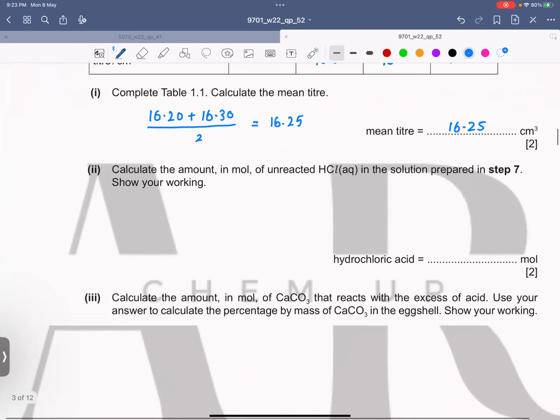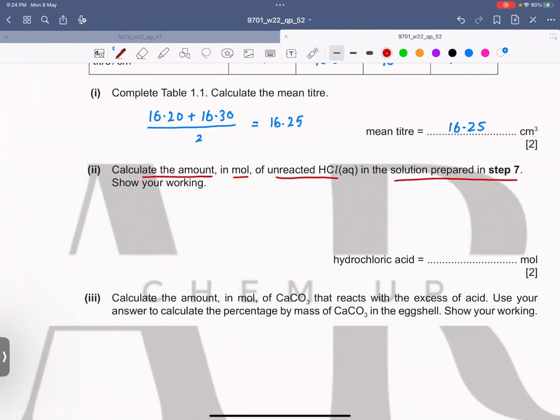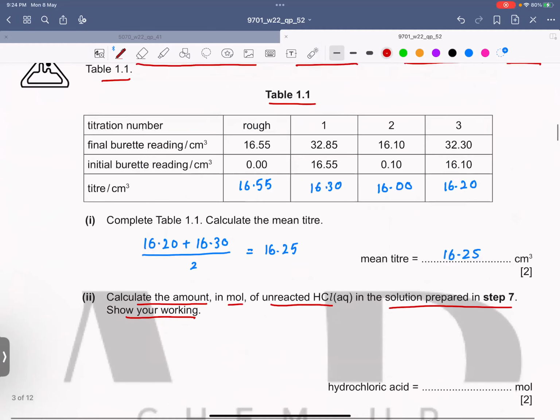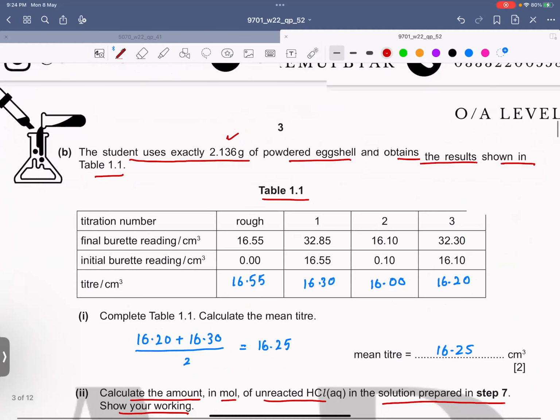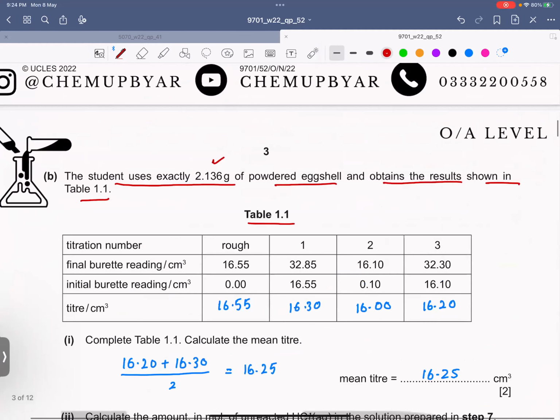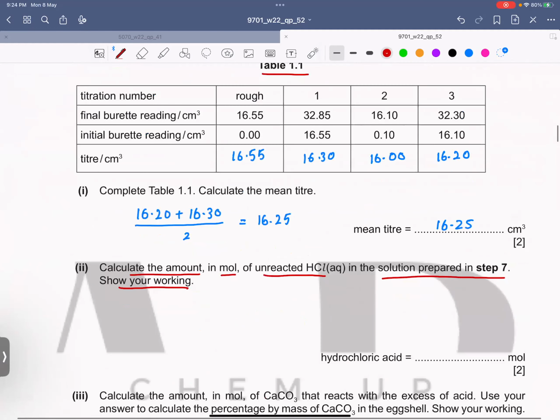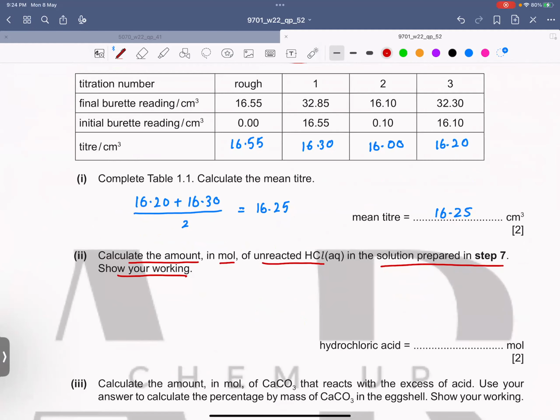Now, next part. Calculate the amount in mole of unreacted hydrochloric acid in the solution prepared in step 7. Show your working. Okay. So, in the burette, we have a volume that is used of sodium hydroxide, right?